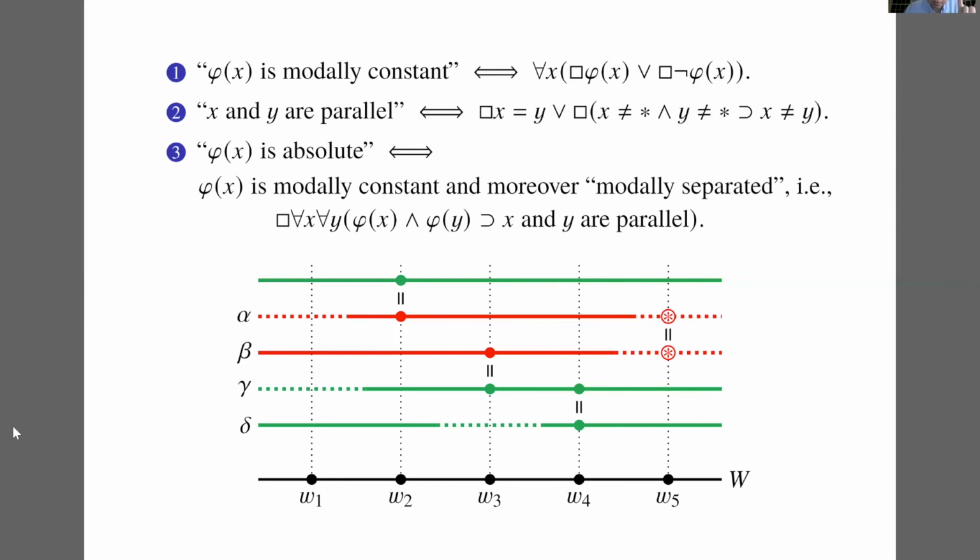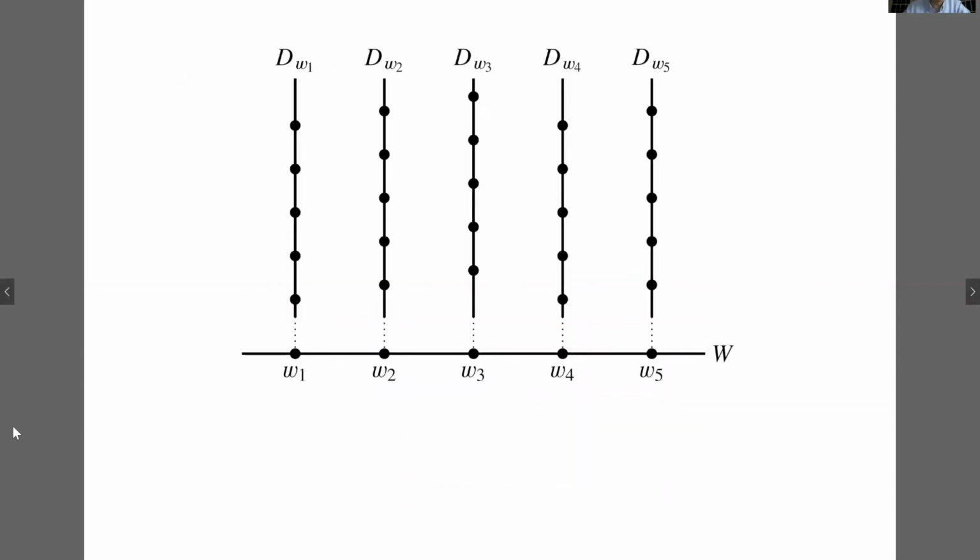Phi is absolute only if it is modally constant and moreover modally separated, in the sense that whenever x and y satisfy this absolute property, they must be parallel. This is the definition, but the idea will be simpler with the following picture. So bear with me.